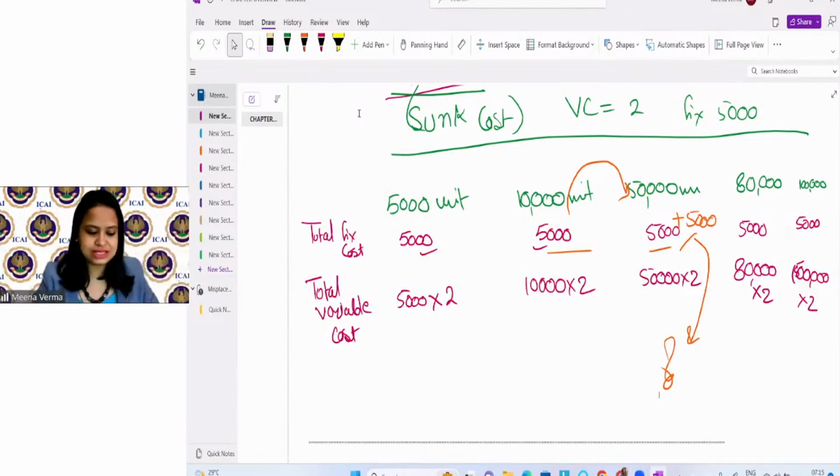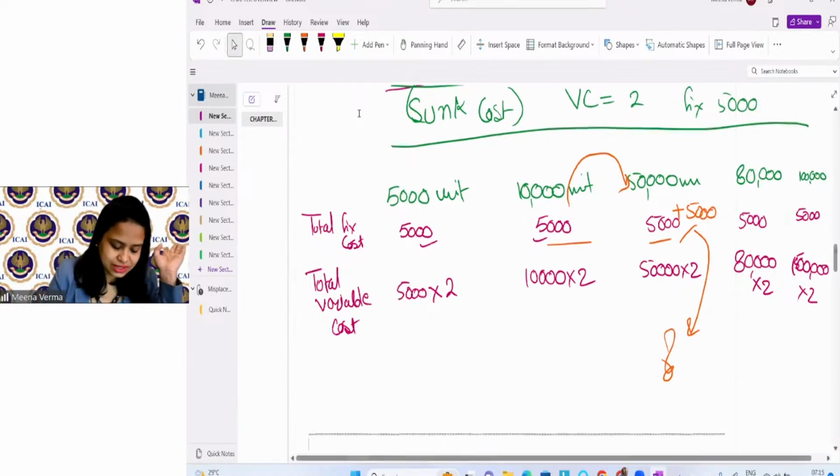We will use this concept many times in the questions, that we will consider the variable cost for decision making. Variable cost for sure we will consider. We do not consider the fixed cost if it is not changing with production. We consider the fixed cost if it is changing with the production, that is, if you are increasing the production and fixed cost is increasing or decreasing, then we will consider the fixed cost for decision making.